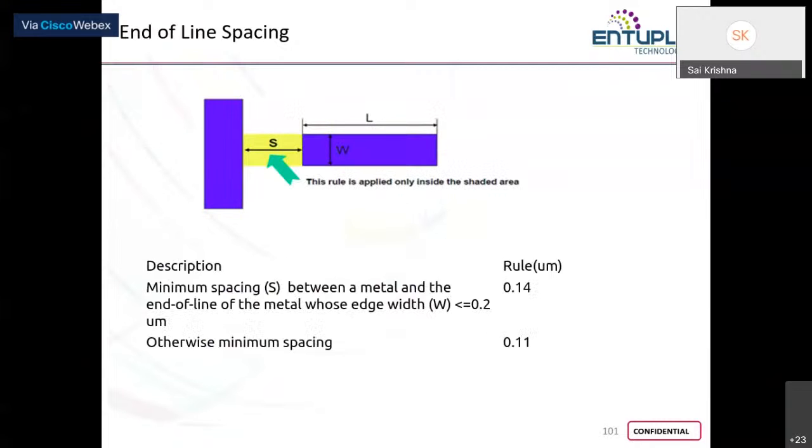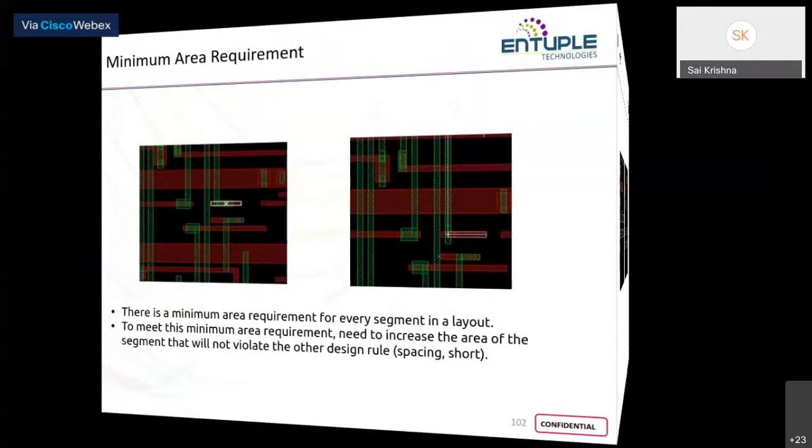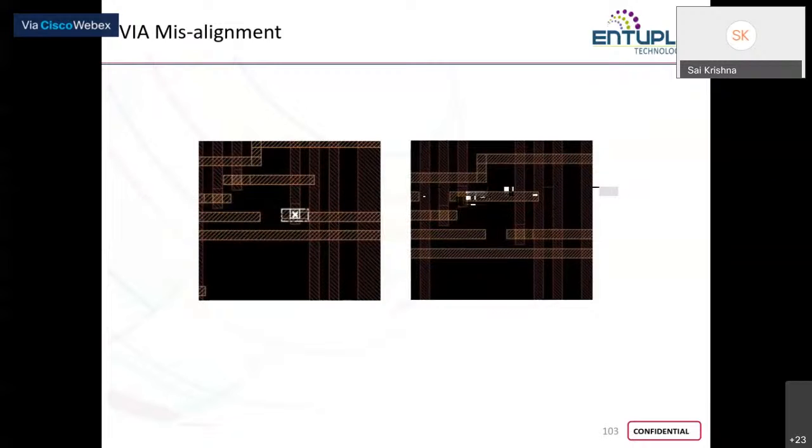Then end of line spacing is something like your minimum width only, but here, instead of running parallel, they run perpendicular but do not touch. Minimum area requirement applies for both vias and metals.